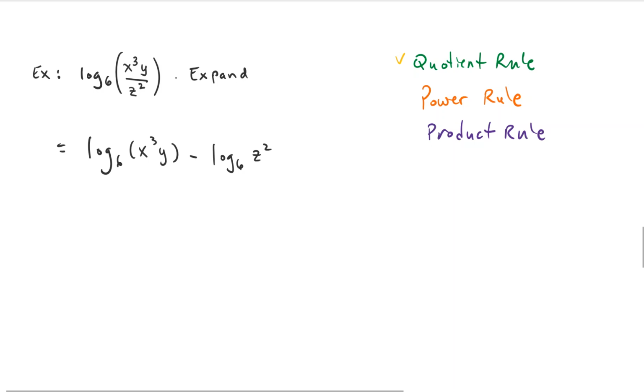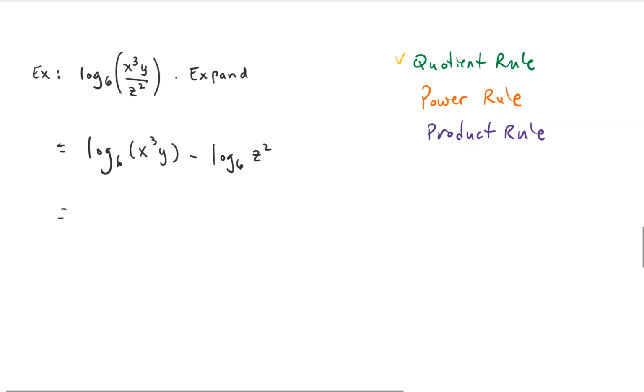I think I'm going to use the product rule first to get rid of this first term. Has a product right there. That also wasn't what I wanted. I wanted a highlighter. Let's get rid of that first, and then we'll use the power rule last.